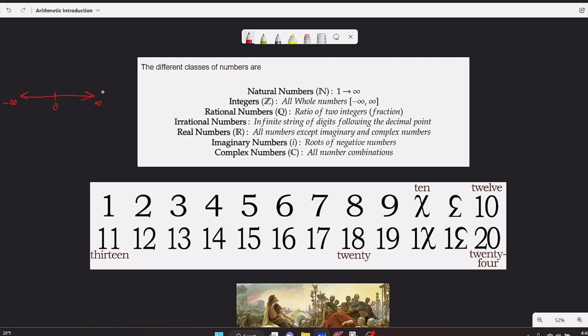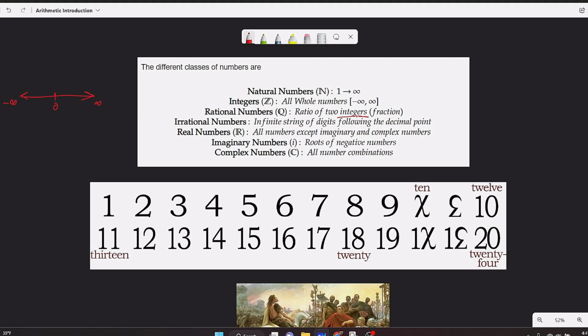These are called integers. The next level up are called rational numbers, and they are represented by a Q. I think the Q in this case is symbolic of quotient. When you deal with a fraction, you are dealing with a quotient, it's called. A rational number is just a ratio of two integers.